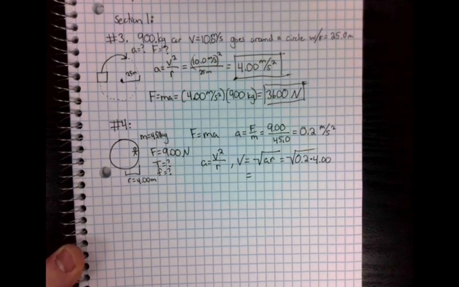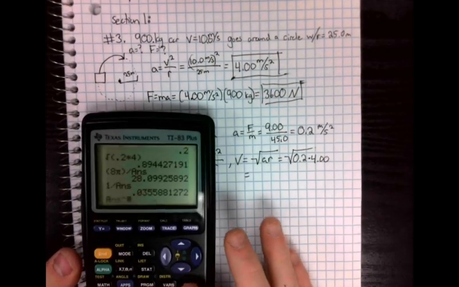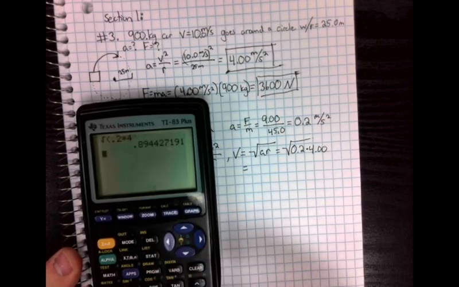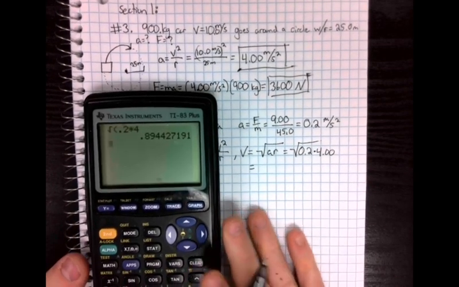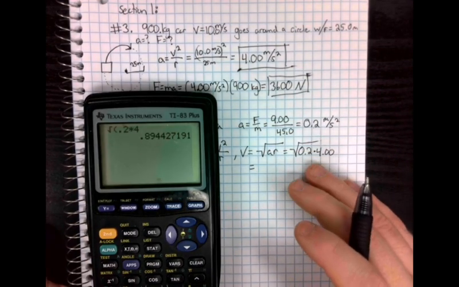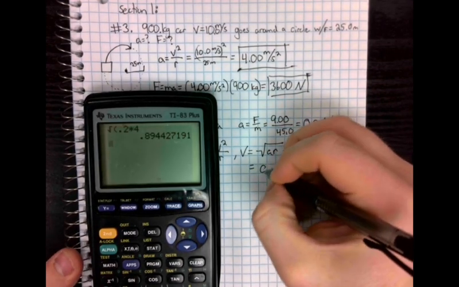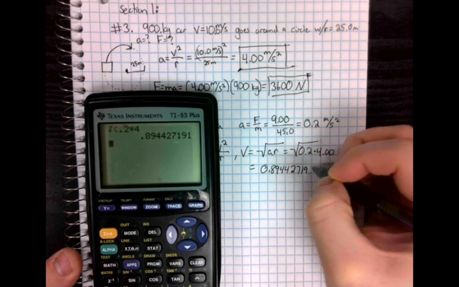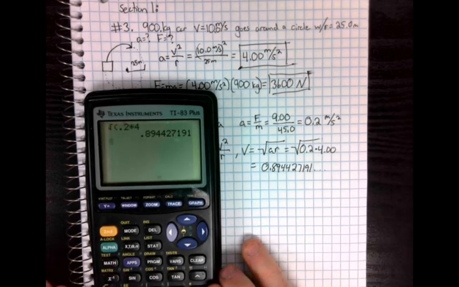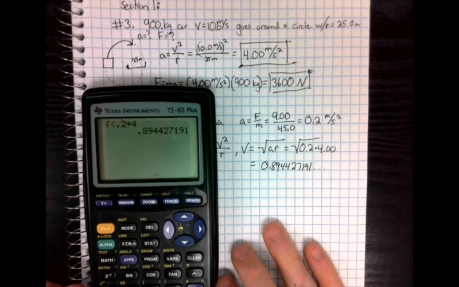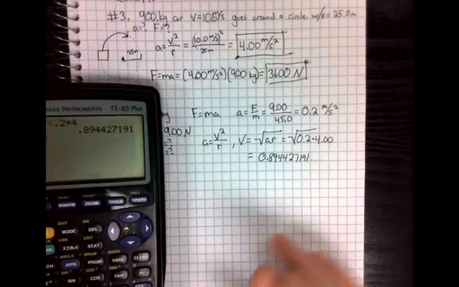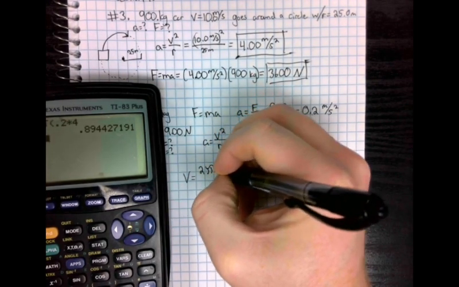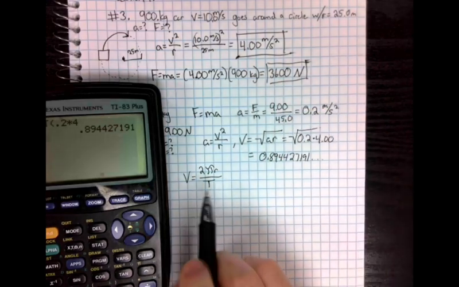That one we will want to plug into our calculator: square root of 0.2 times 4. We get 0.8944279191... It's probably more after that, but I usually do the blah, blah, blah before I do the whole number. But we can plug that in, because we know velocity is equal to 2 pi r over period, and that is what we're looking for.